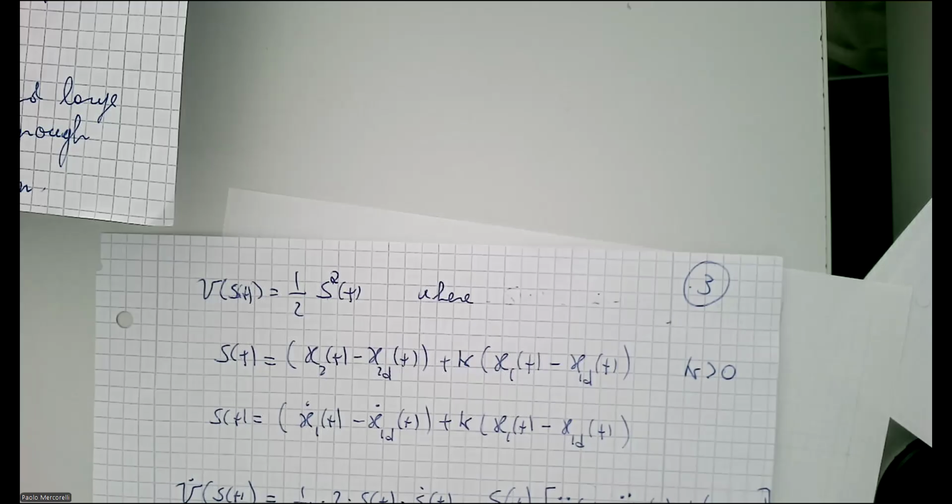If we steer x2, which is the derivative of x1, this will be steered indirectly, and this is the main meaning of the sliding variable.